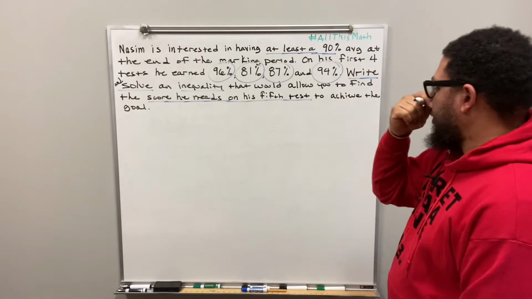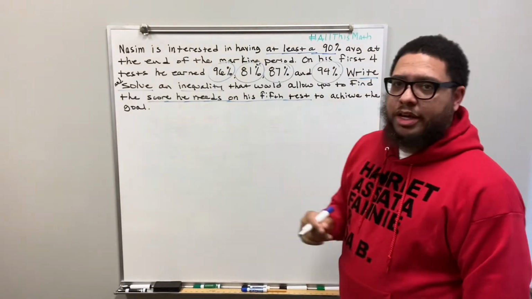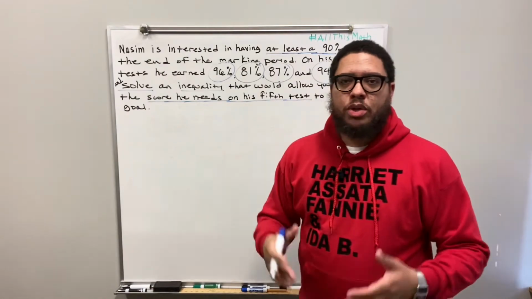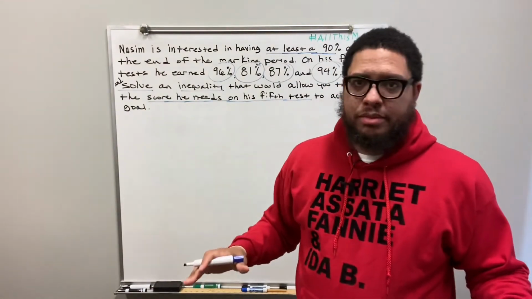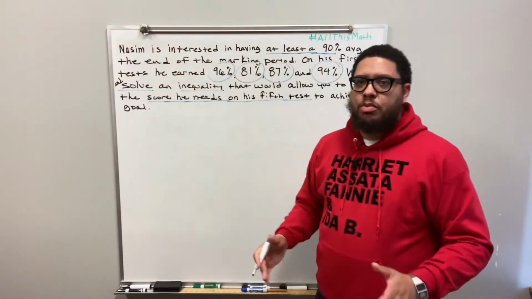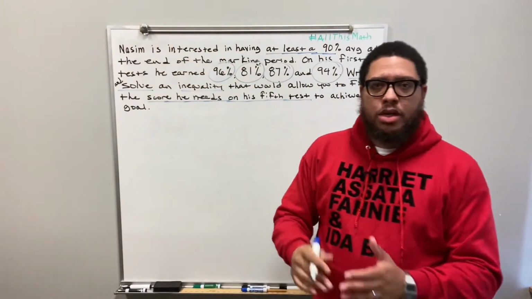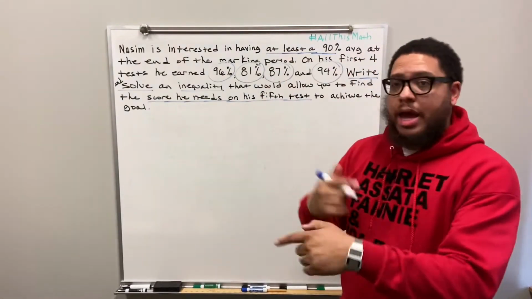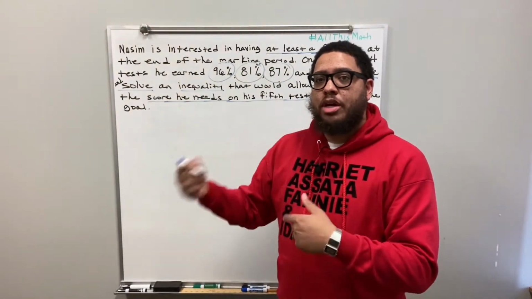All right? So, now I want you to think about this. What is the formula that you use when you want to calculate the average of anything? Think back. You probably used it before, but if you don't know what it is, it's like this. You take all the different items or all the different scores, you add them up, and then divide by the number of scores.